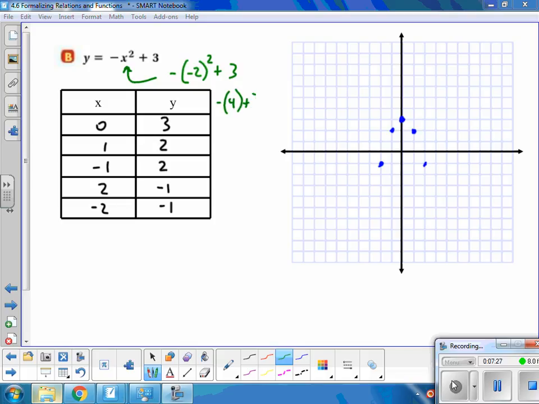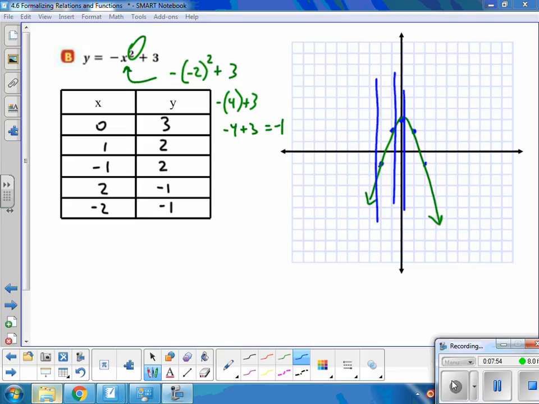So negative of 4 is -4 plus 3. So just keep an eye on what's going on with your parentheses when you're substituting in for exponents, and that ends up being -1. And so when I plot this out, I end up with a parabola, which you want to start seeing anytime a square shows up. The vertical line test shows me that really my vertical lines are only going to go through one point. This indeed is a function.